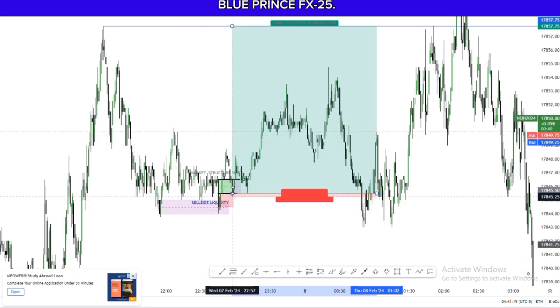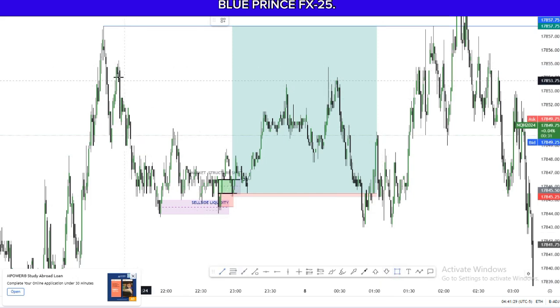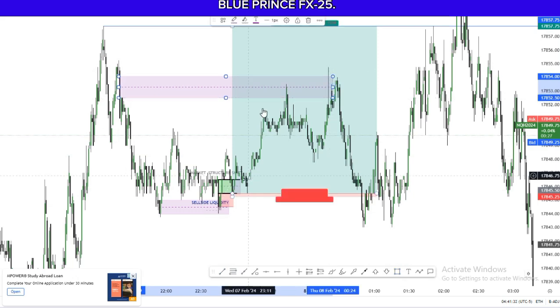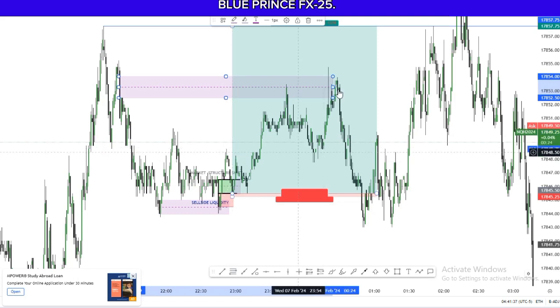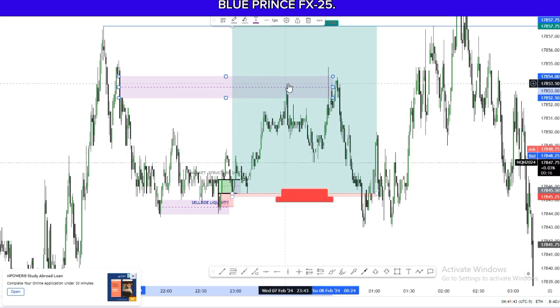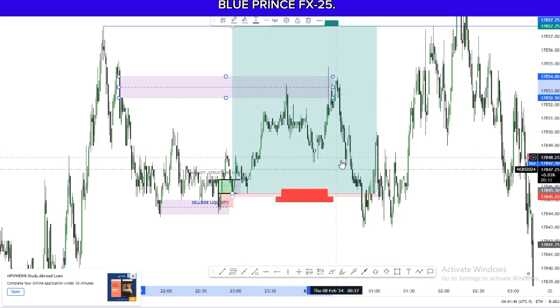And above this fair value gap, at 50% of this fair value gap, you take another partial and move your stop loss just above this low. So your position would have been stopped after this run, because the market hit this, you took your partials, and the market came back and hit your stop loss.